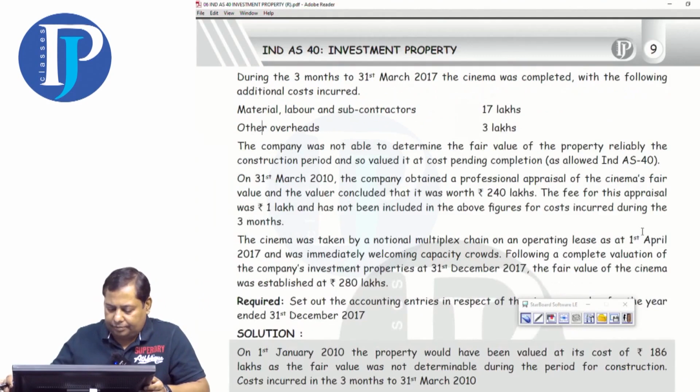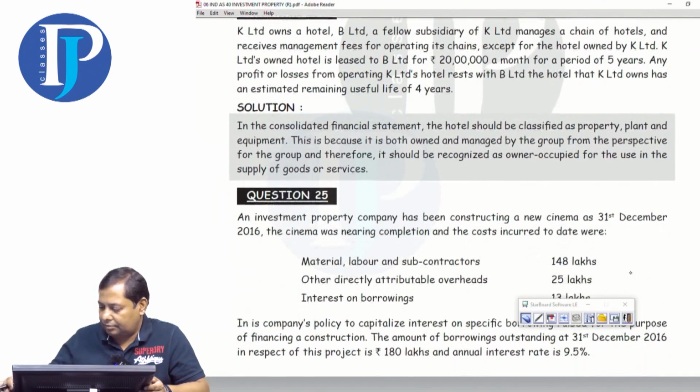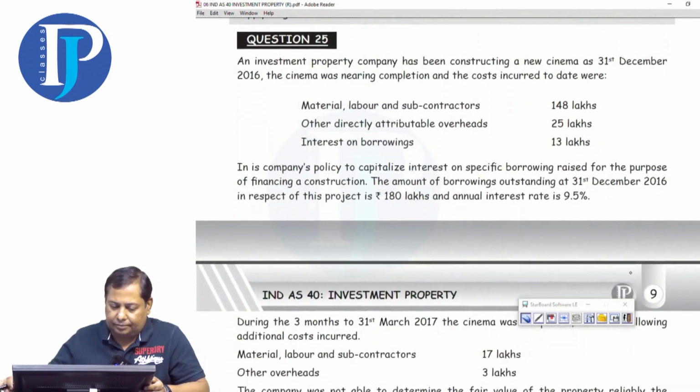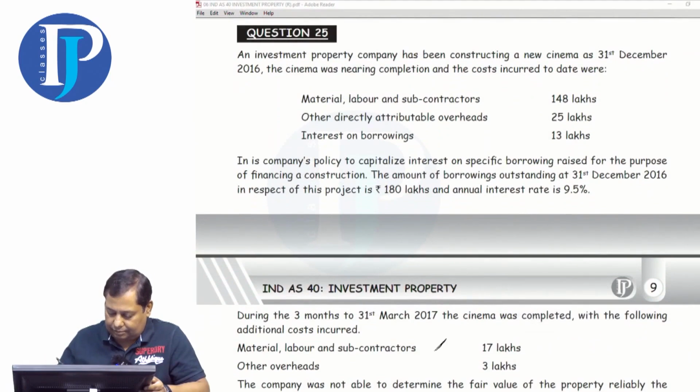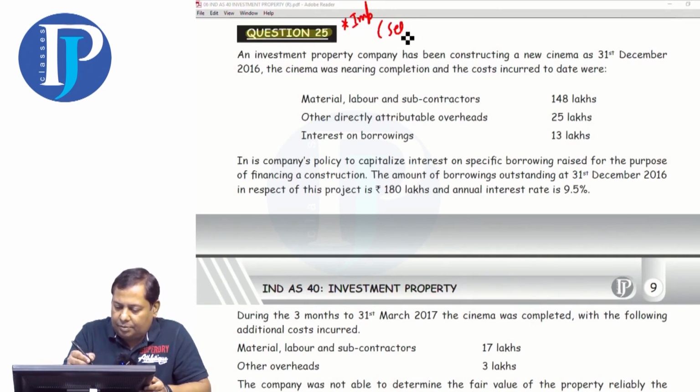See 25th. Put a tick on this because it's important. And in this, I will explain the self-construction part.